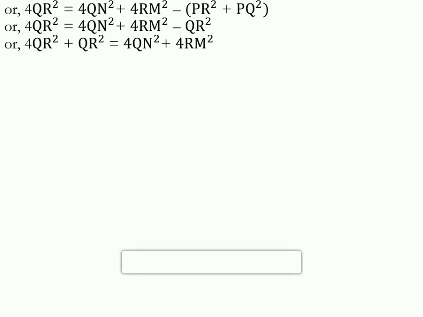Taking this minus QR square to the left side, it becomes 4QR square plus QR square equals 4QN square plus 4RM square. So it becomes 5QR square on the left side, and if you take 4 common from the right hand side, it becomes 4 into QN square plus RM square. So that was the required proof: 5QR square equals 4 into QN square plus RM square.